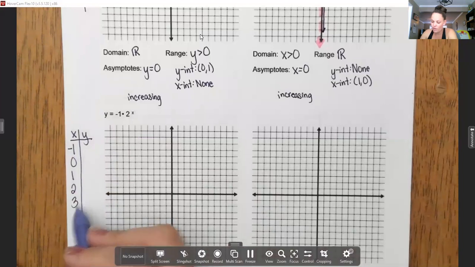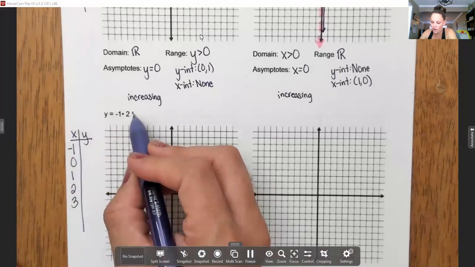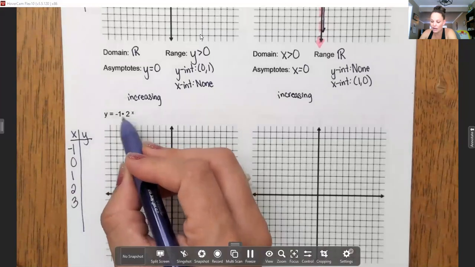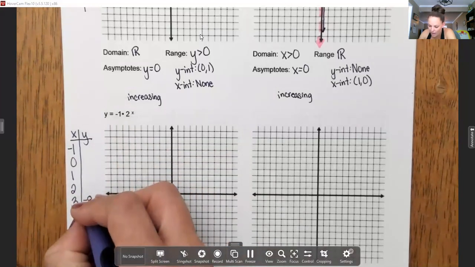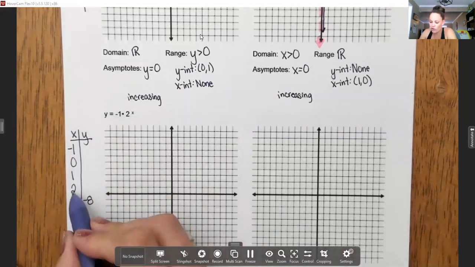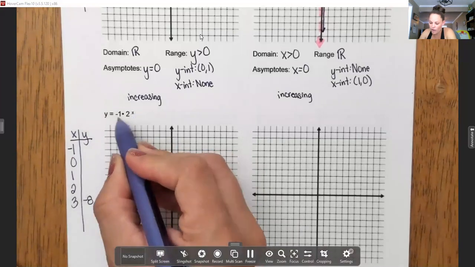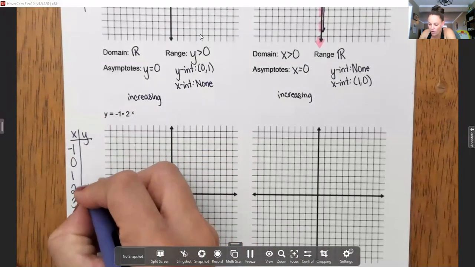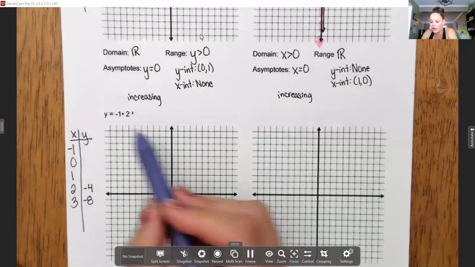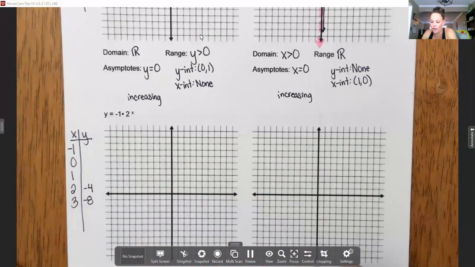So if I plug in 3, 2 to the third, we know is 8 times -1, I get -8. 2 squared is 4 times -1 is -4. Remember your order of operations here. You do your exponent before you multiply.